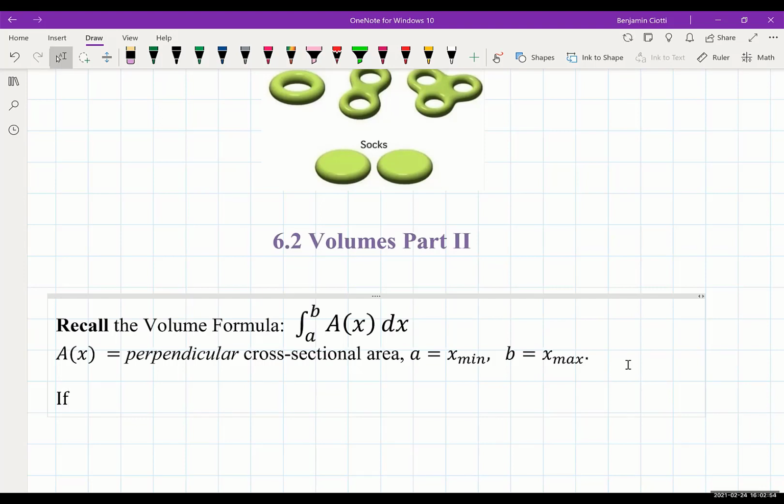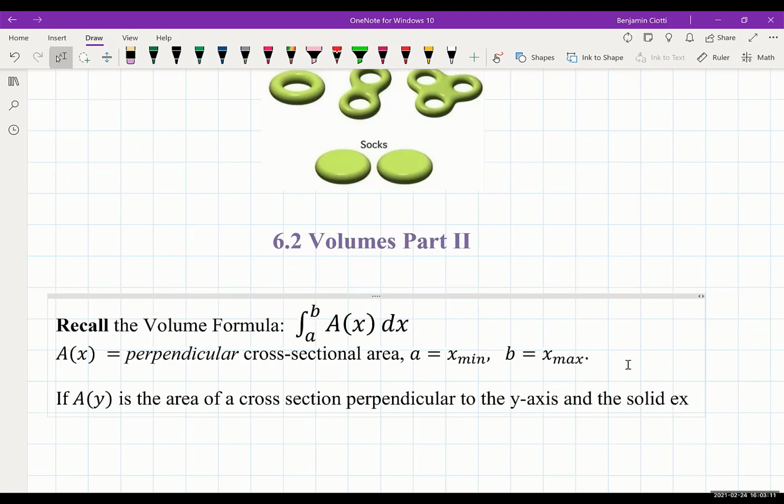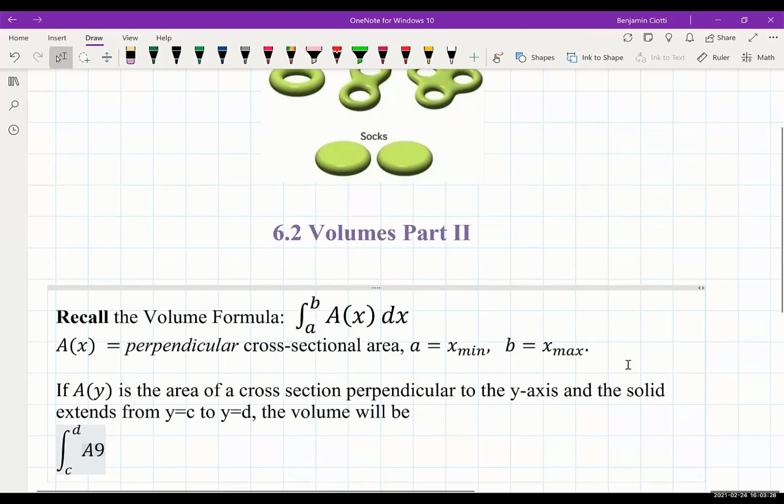So if A of y is the area of a cross-section perpendicular to the y-axis, and the solid extends from, let's say, y equals c to y equals d, then the volume will be the integral from c to d of A of y, now a dy integral.